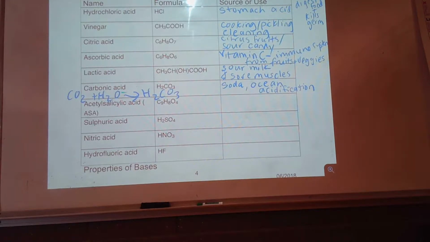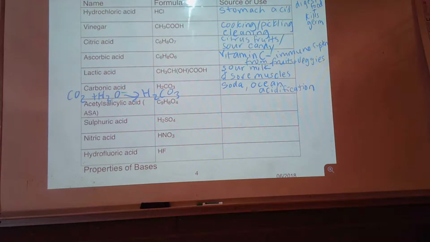So you can actually use Coke for like cleaning like you would like an acid. So sometimes if you have like a pot that's rusty or has like a bunch of food stuck on it, some people actually use Coca-Cola to clean their pots. Yeah. And that's why it will cause cavities and stuff like that as well, because it's actually pretty acidic. Yeah. Okay, what about acetylsalicylic acid?